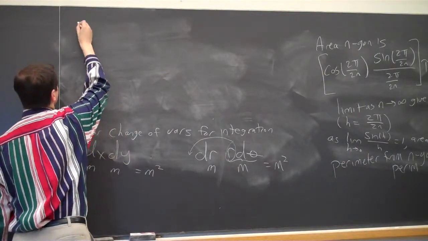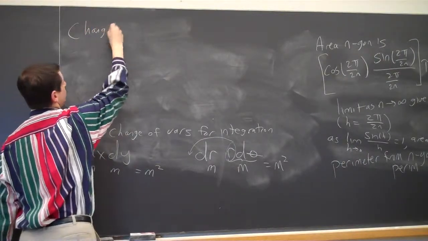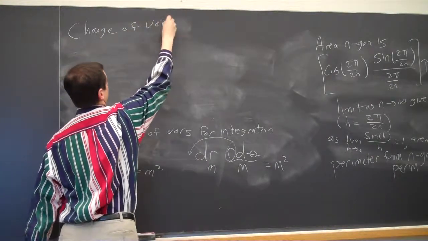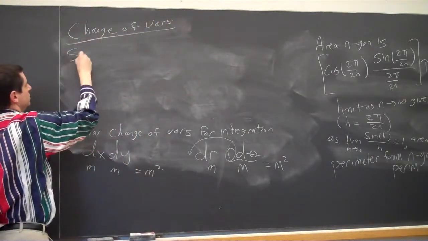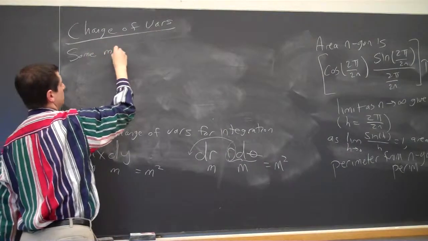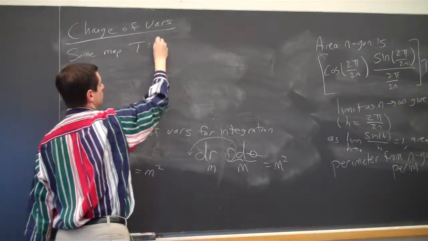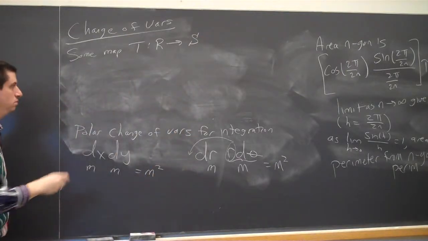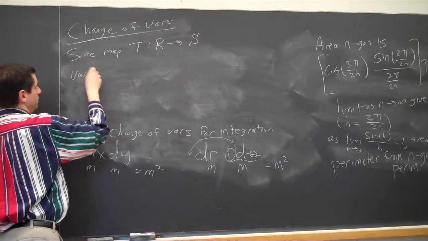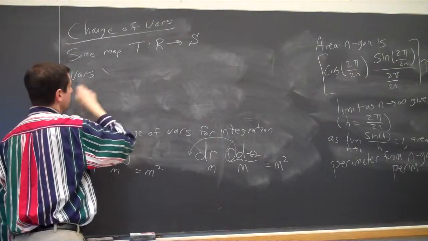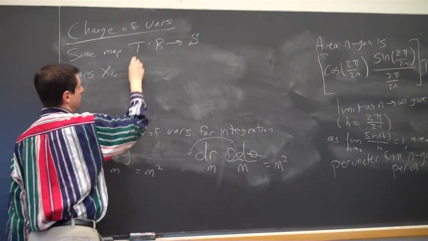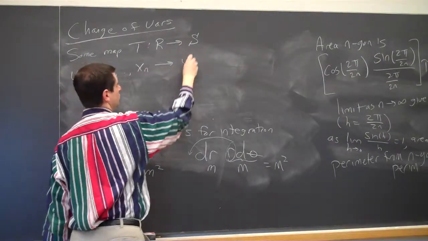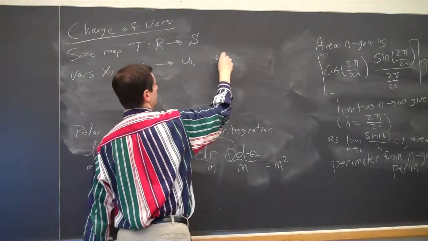So the idea is the following. Change of variables. Have some map T that goes from R to S. You have variables x1 through xn going to u1 through un.